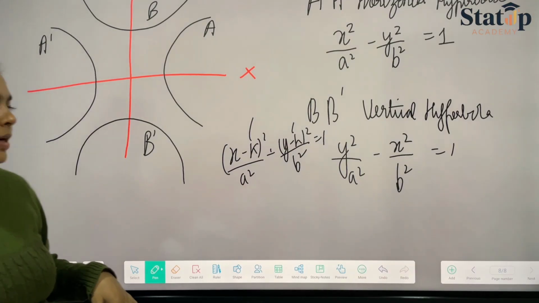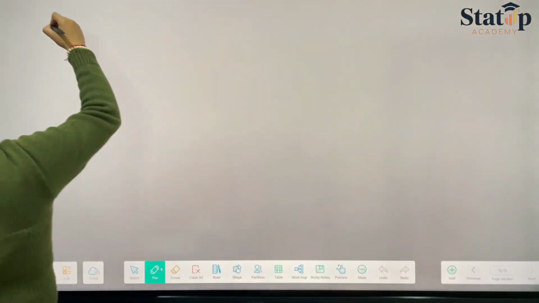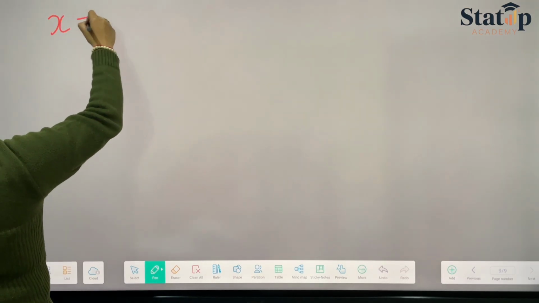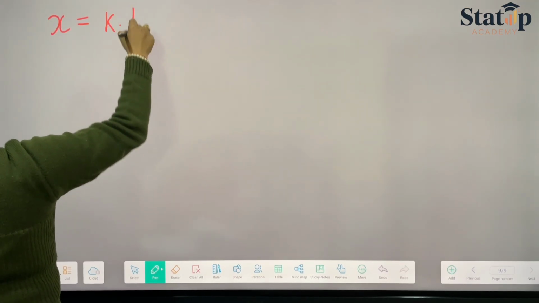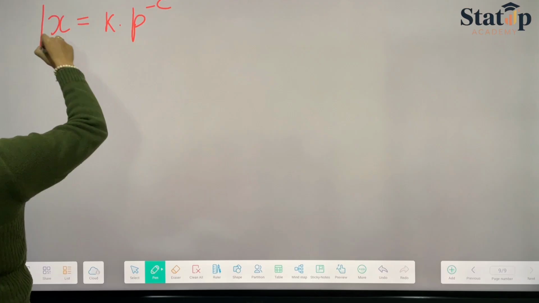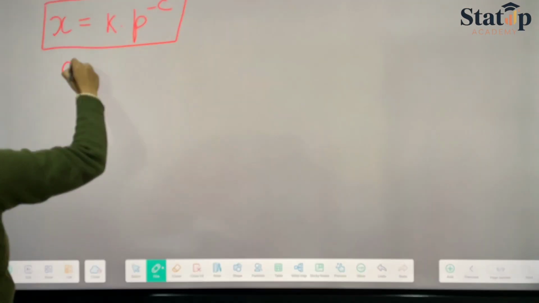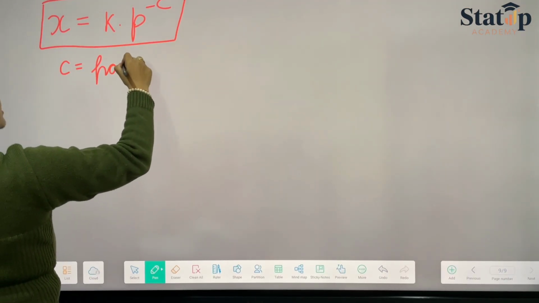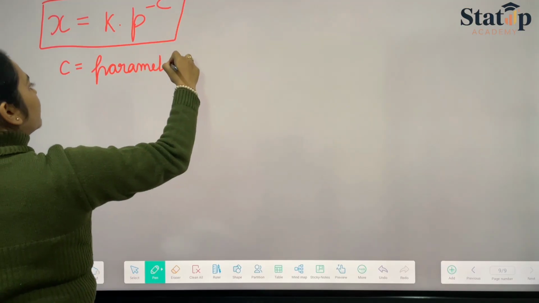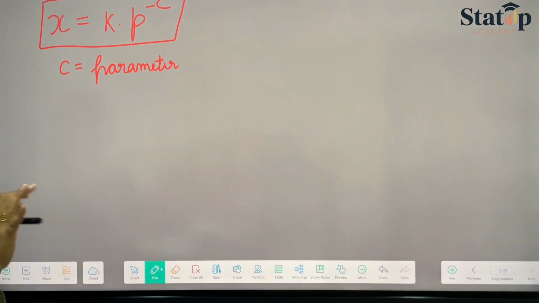Now, if we take that formula, the formula was x equals k into p raised to the power minus c. Here c is the parameter of this hyperbola, and the shape of this hyperbola depends on this parameter c only.